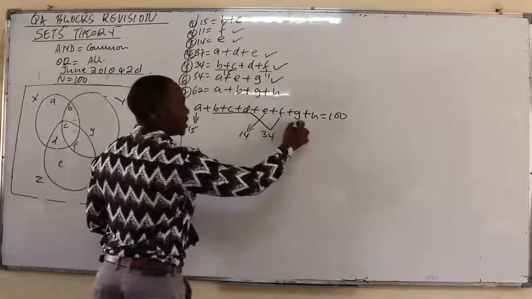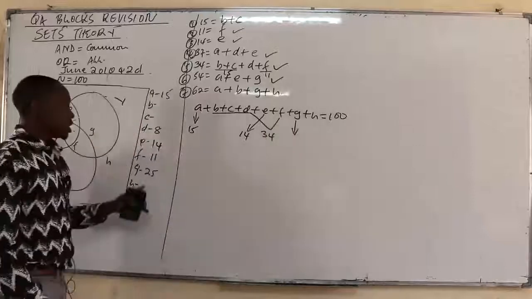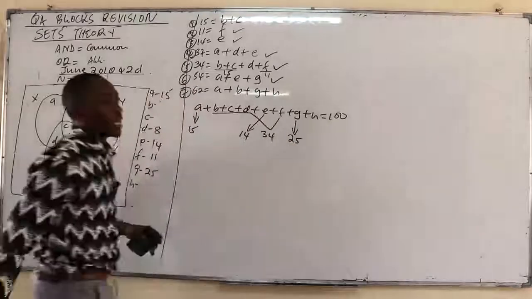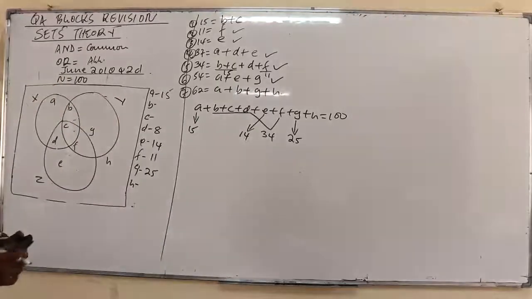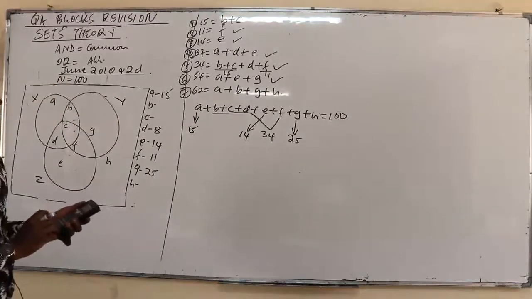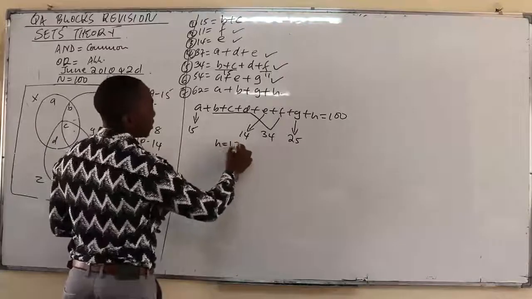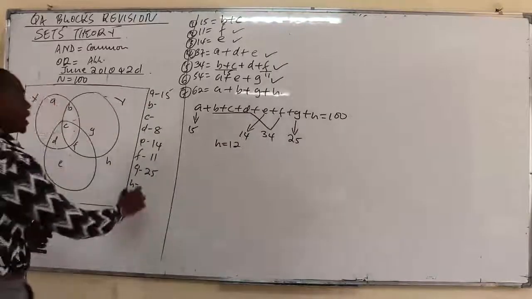We have G is 25. Who is the unknown member here? It's only H. So to get H, you take 100, you minus 25, you minus 34, you minus 14, you minus 15. And you get H is equal to 12. So H is 12.